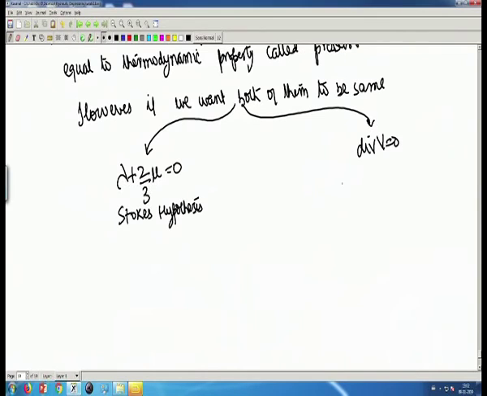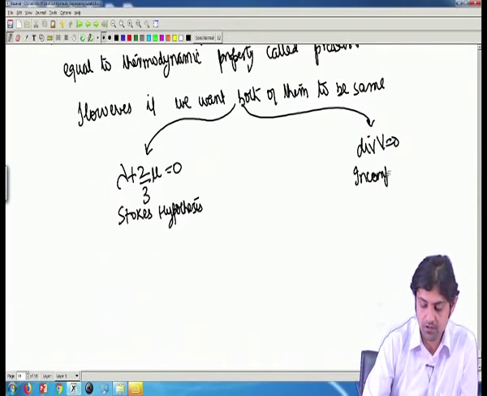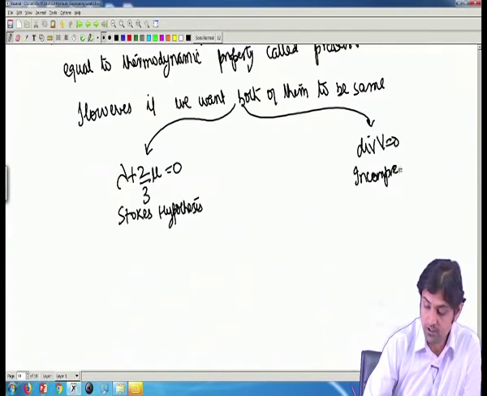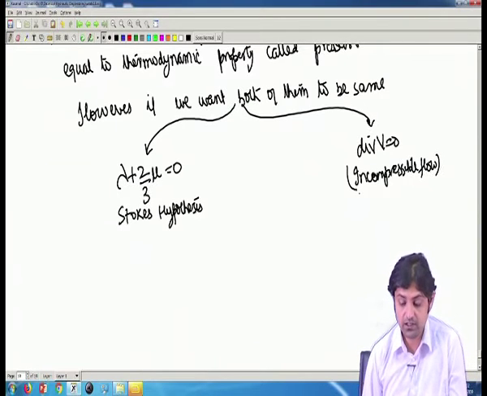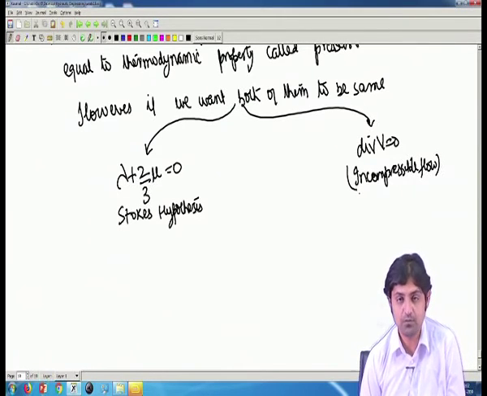This is more commonly possible because divergence of V is 0 for incompressible flow. When we deal with water and hydraulics, we all the time assume incompressible flow. So both the mechanical pressure and the thermodynamic pressure are the same, but in general it is not true.